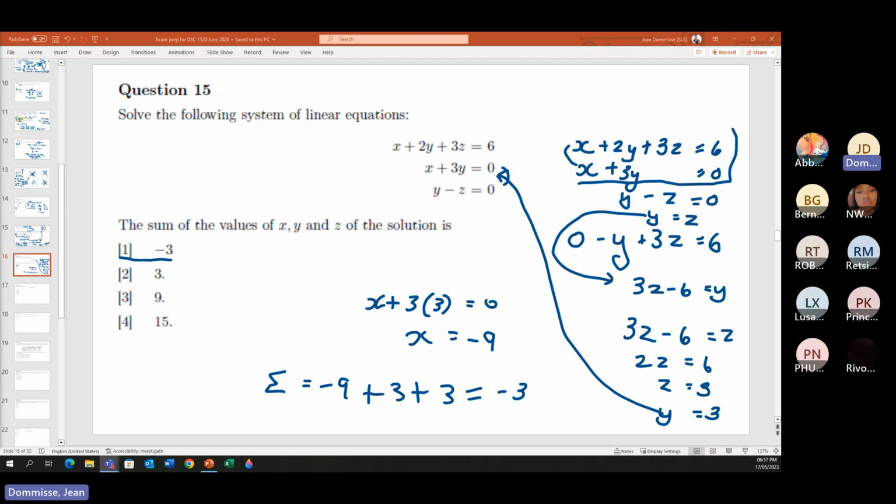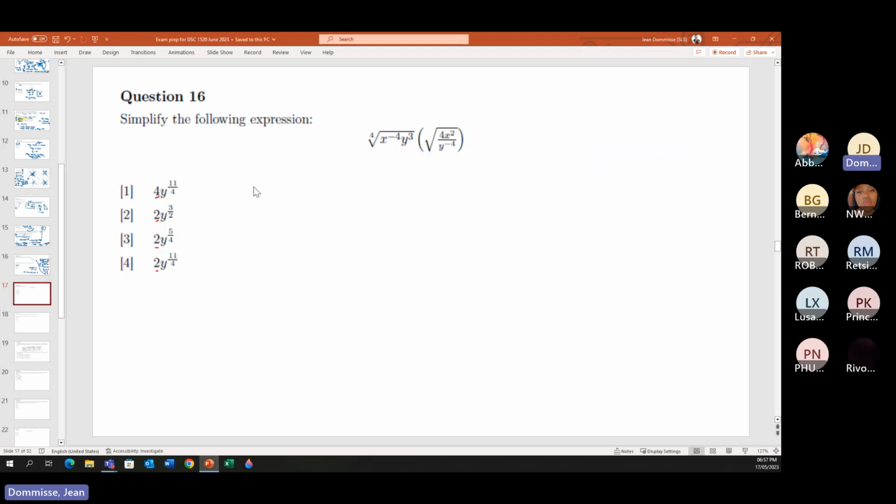Saturday from 9 to 11 will be our next session, and we will definitely finish then with this, because you'll see that they jump from something like this to an expression that you need to simplify. So we will start off with that on Saturday.